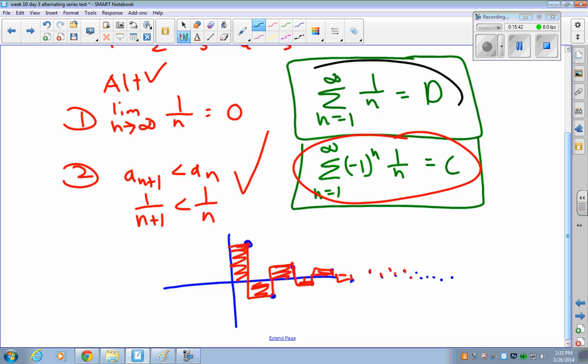Versus if I did not make him alternating, it would have been box plus box plus box plus box plus box. Do you see how the adding up of the boxes could be a blow up? But the alternating part always kind of tempers you. Plus 10 minus 8, plus 6 minus 4, plus 2 minus 1. You see how I can't blow up?